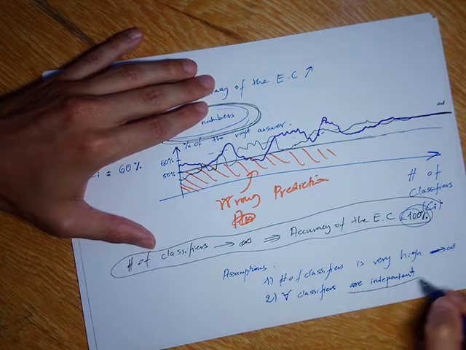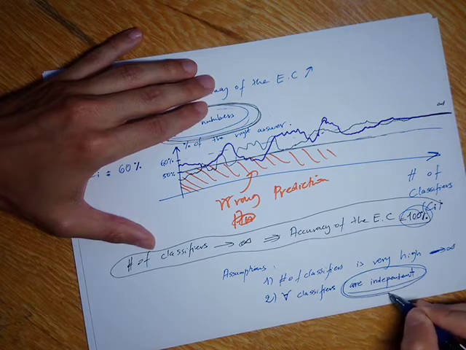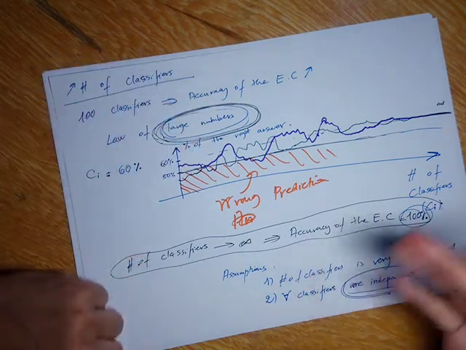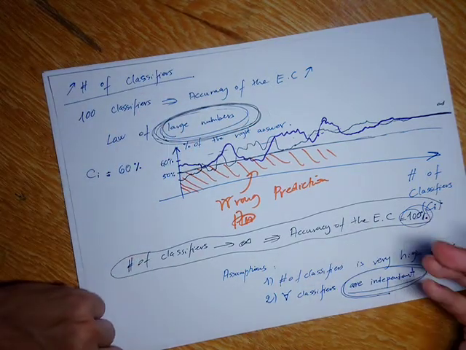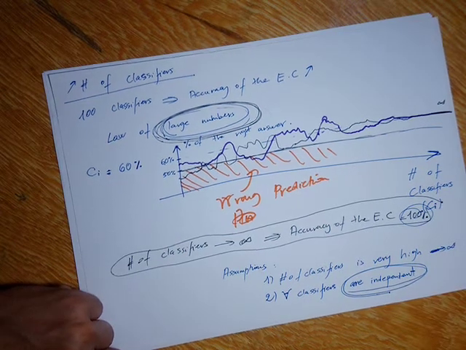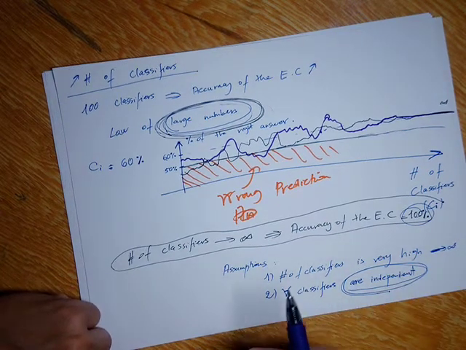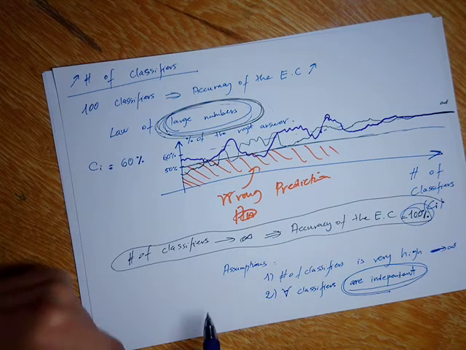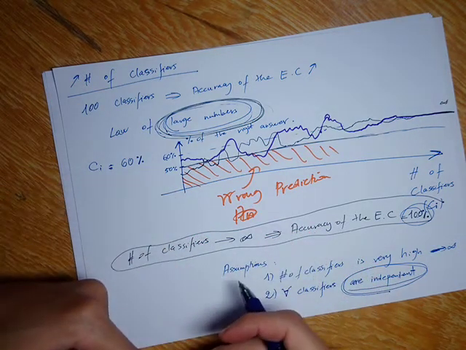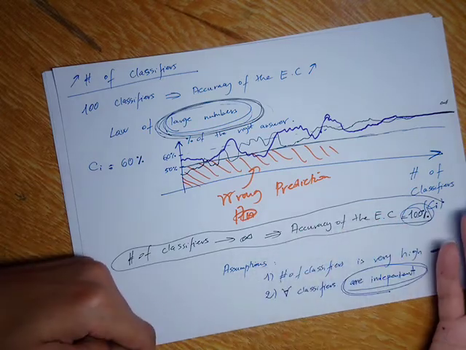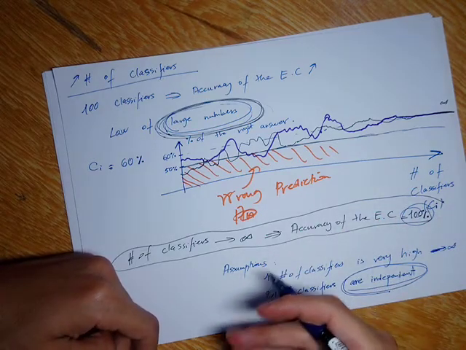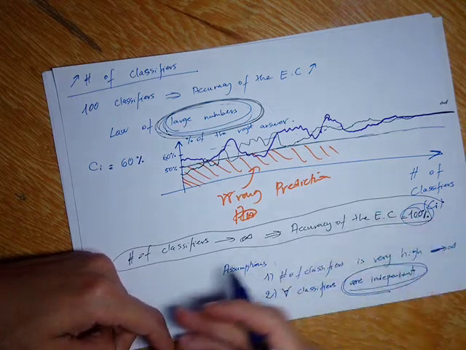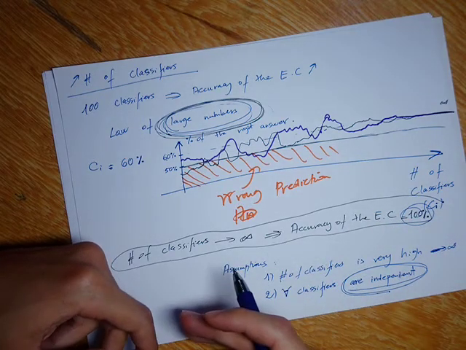What's the meaning of this? This means that the result given by a given classifier is independent of the result given by another classifier, right? And this is unfortunately not the case in practice. One of the reasons is that the classifiers used in the ensemble classifier can be trained, or are trained, on the same data set or on the same samples.